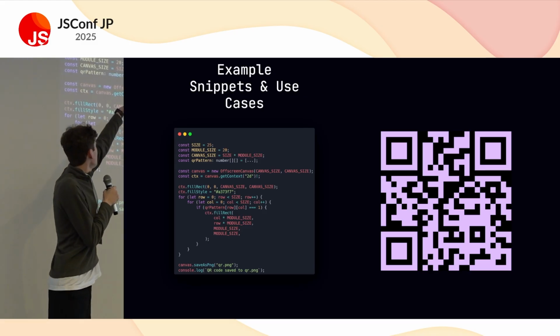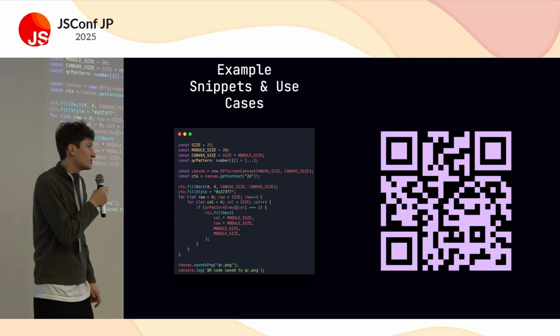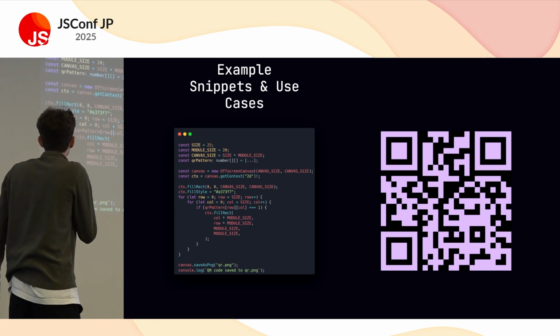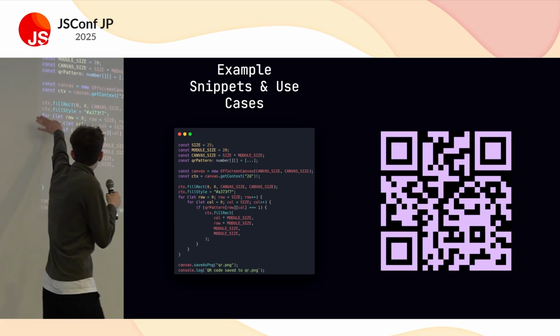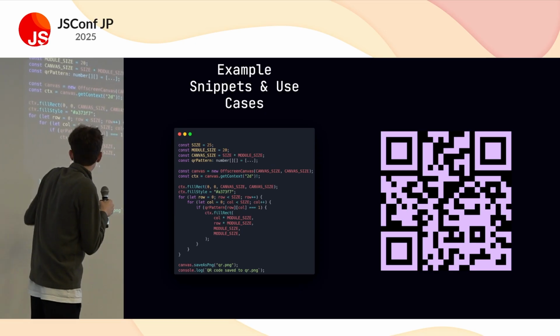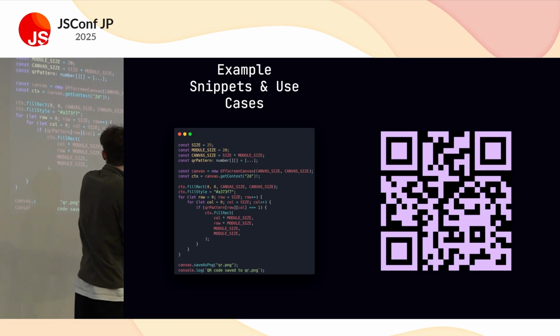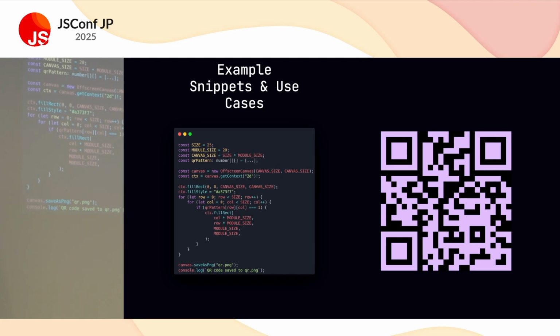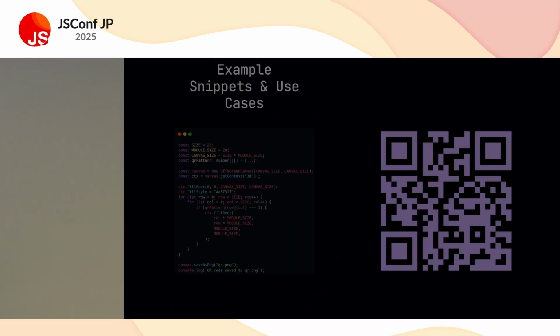I did not include the entire QR code pattern, but it is a 2D array filled with zeros and ones for binary. Then we're filling the rectangle, the background, setting the fill style to this specific color, and going through the rows and the columns and drawing the rectangles. So feel free to scan this now. I will have this QR code up later at the end as well.